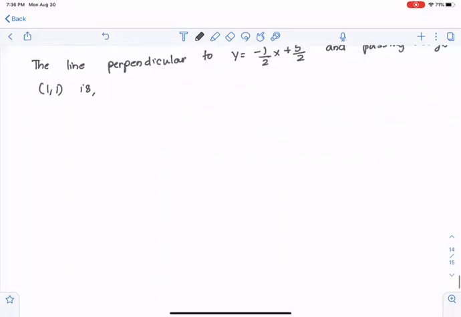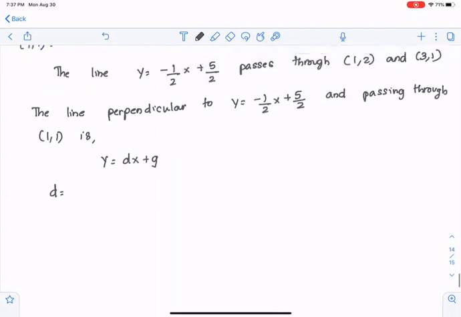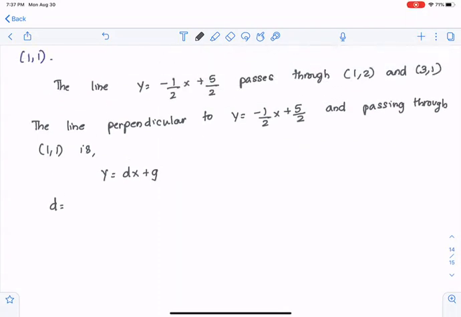Let me just call it dx plus g. I just want to use different letters. Now d has to be the negative reciprocal. So the negative of -1/2 is +1/2. And it has to be the reciprocal of 1/2.